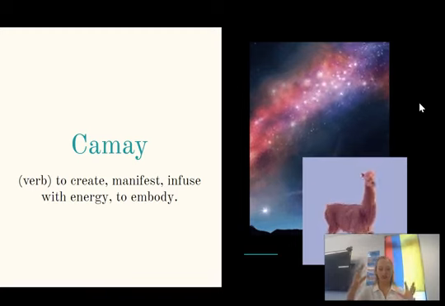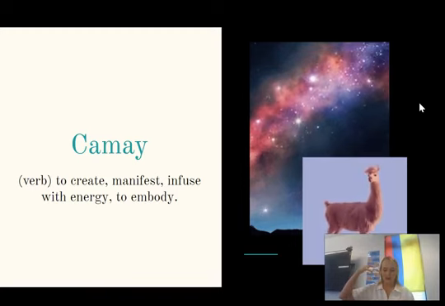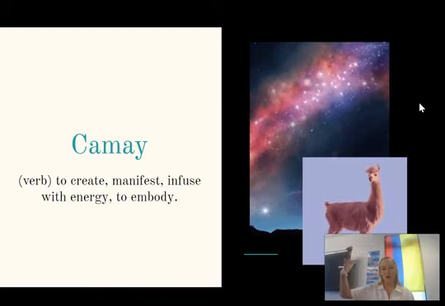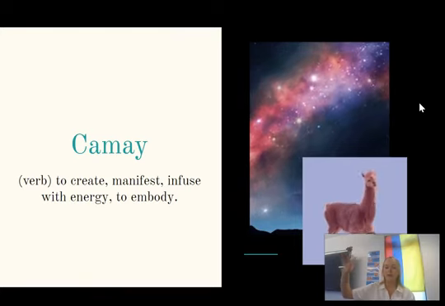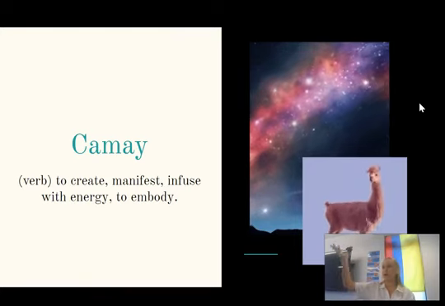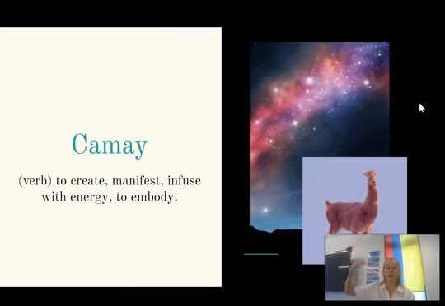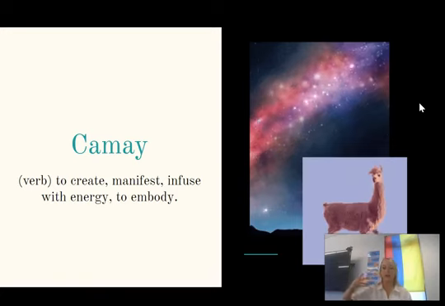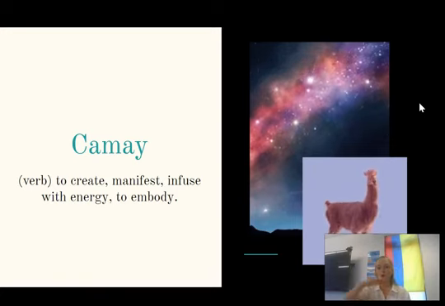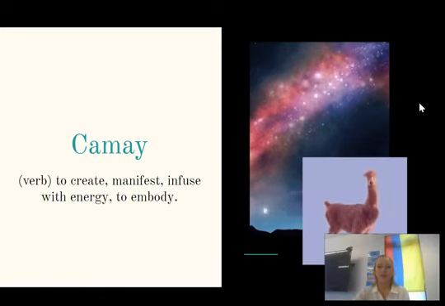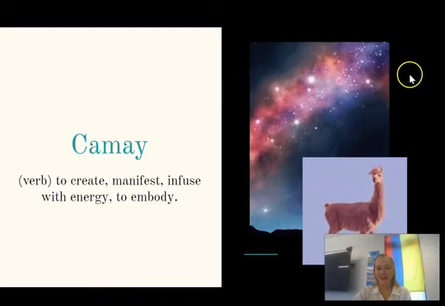So a kamak is the originating force that is larger and outside of our realm. And so they believe that the bigger force of the llama kamak is what transfers energy and gives life and personality to all the llamas on the earth. So you can kind of think of it that way.